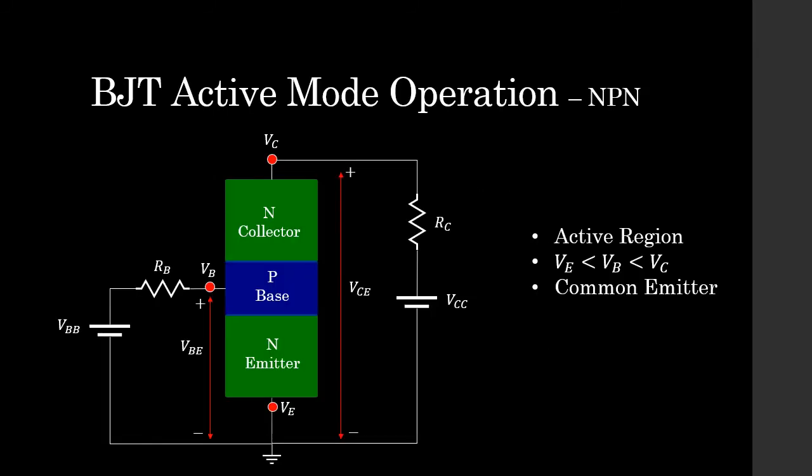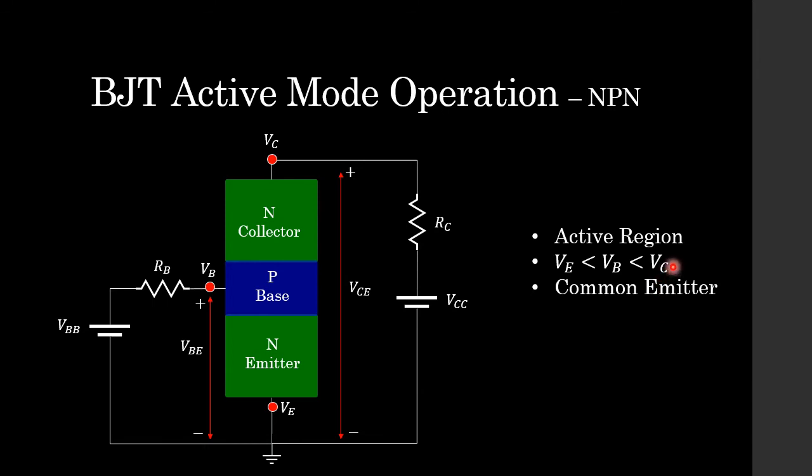Right, now students, it's important for us to figure out how this component actually works. In order to figure that out, I'm going to take you through the active mode of operation for an NPN transistor. Because we're in the active region, our emitter voltage is less than our base voltage, which means we're forward biasing the junction between our base and our emitter.